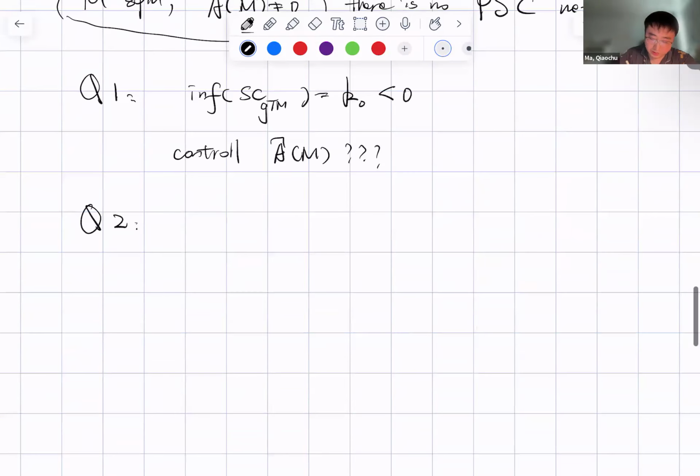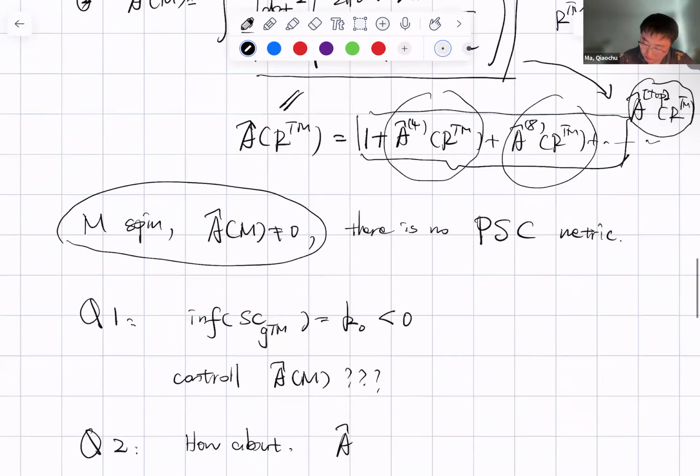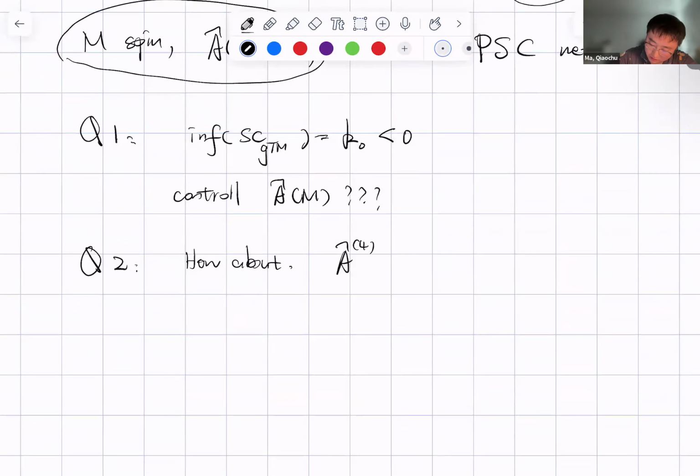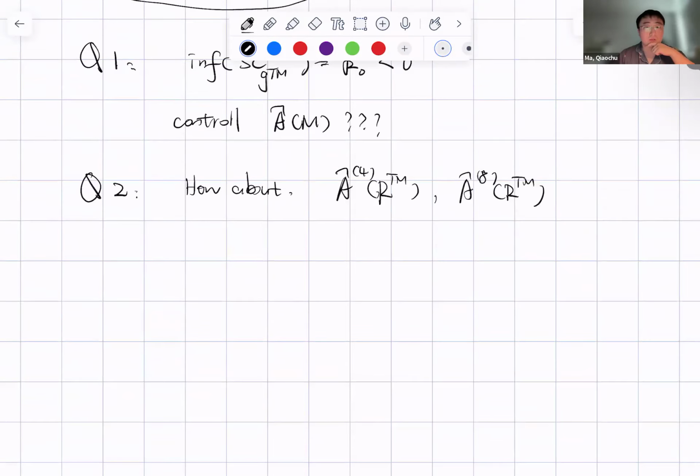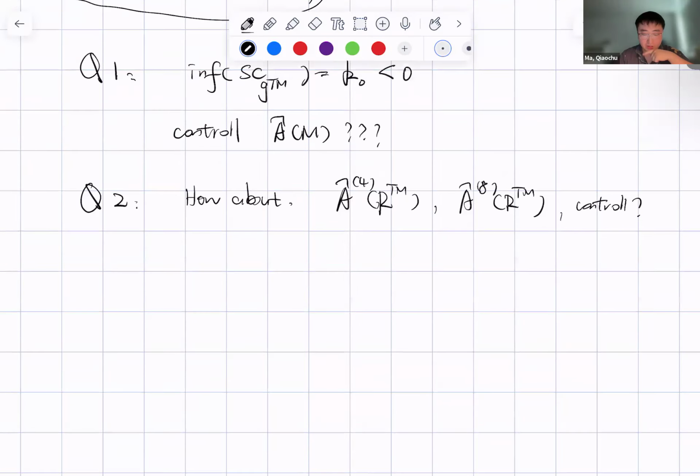So the question is, how about the lower degree parts, for example degree 4 and degree 8? There are non-top components of the A-hat genus. Can we control them? Okay, let's begin with the first question.